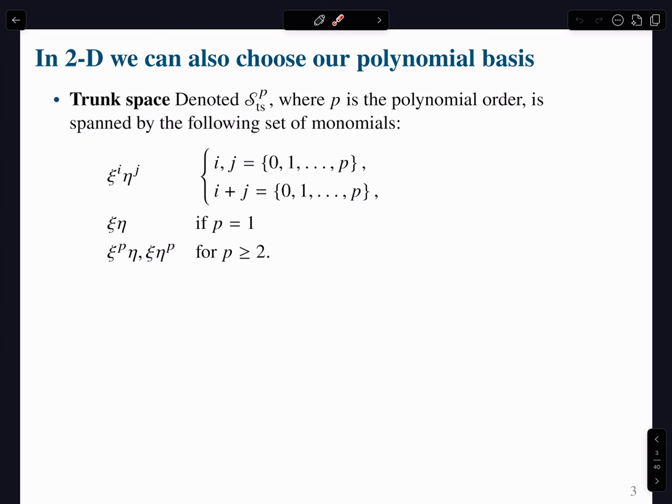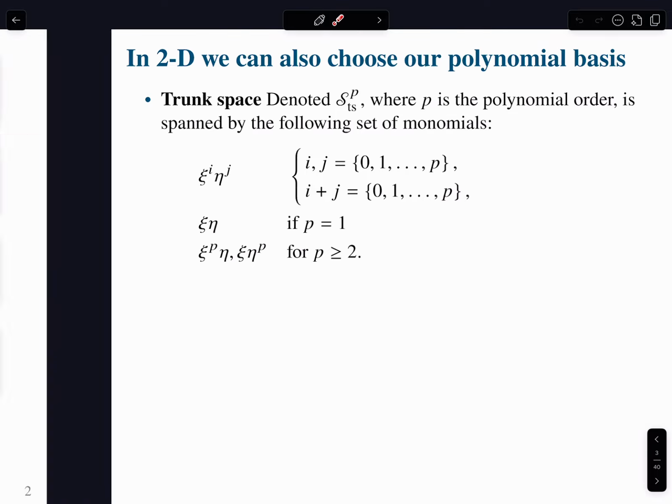And again, as I said, let's not focus too much on the formulation. This is the way these bases are going to be spanning a space. Notice that I'm using ξ and η, right? But eventually, depending on our canonical space element, those are going to take different shape, right?